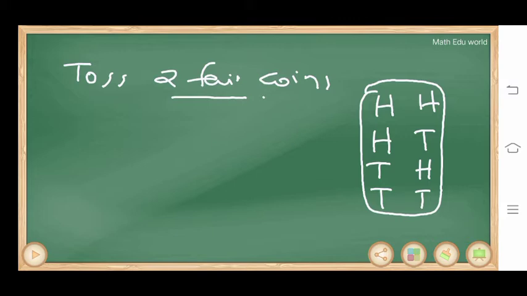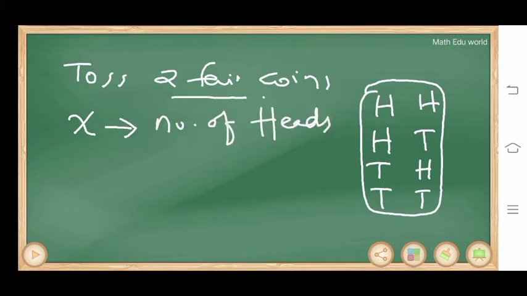twice. So we have to represent a variable. Let's call it X in this question. X is a discrete random variable. Suppose X denotes the number of heads.